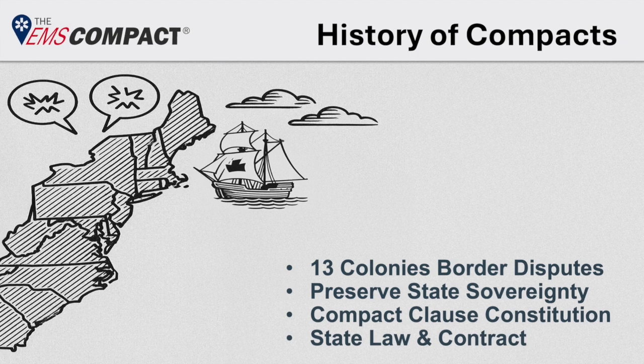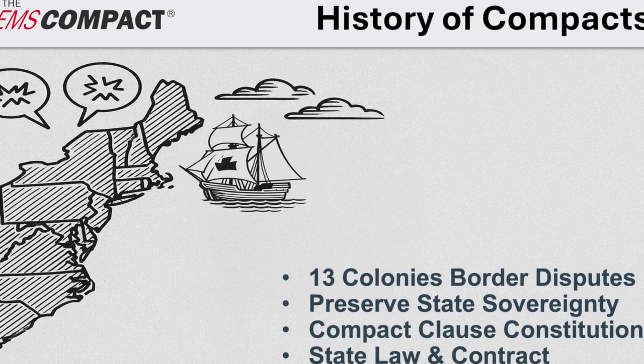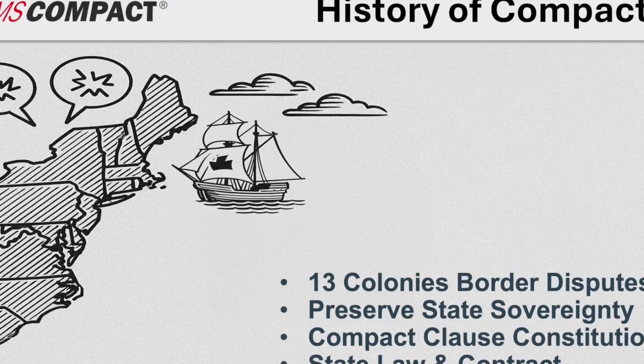So first, I want to go over a little bit of history of compacts, set a historical foundation for this legal mechanism that we use today. If we go back through history to the original 13 colonies, the Mayflower and Jamestown and that time of American history, well, you had 13 original colonies, and each of these colonies were actually a type of sovereign territory.